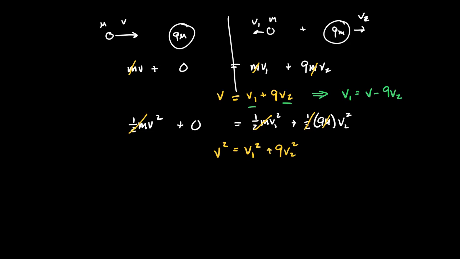You'll have to take this and place it down here for V1, because this will produce a single relationship that only has V and, in this case, V2 in it. If we solve this for V2, then we'll have V2 in terms of V. Meaning we had two equations with two unknowns. We had to eliminate one of the variables between them.